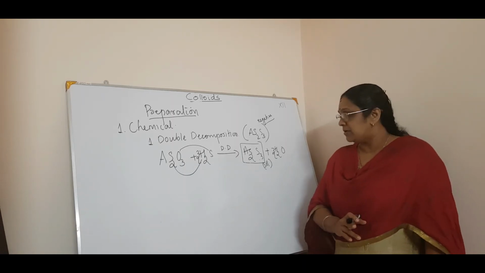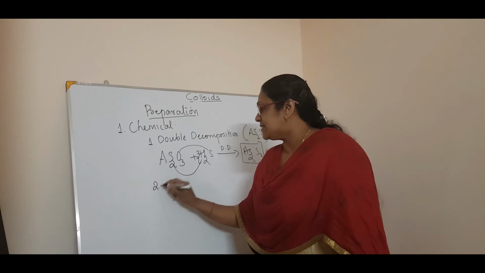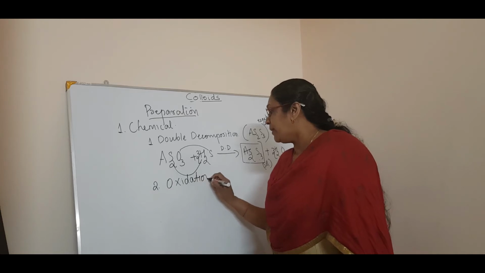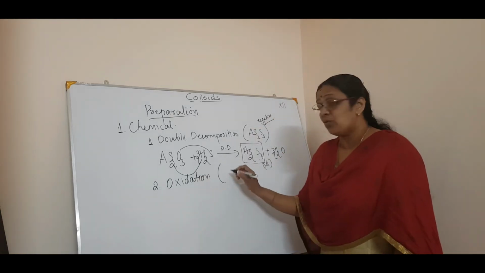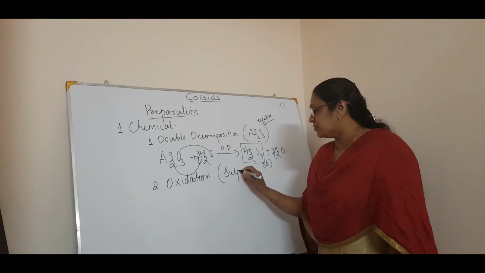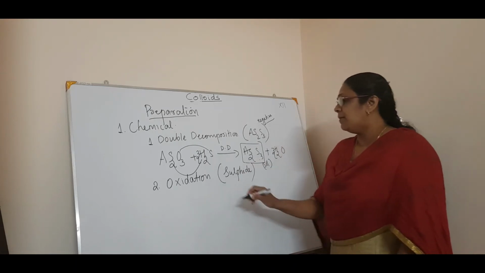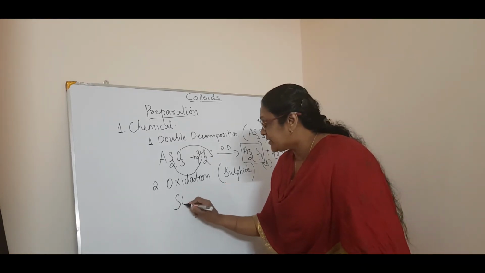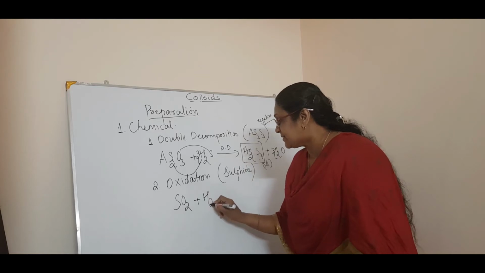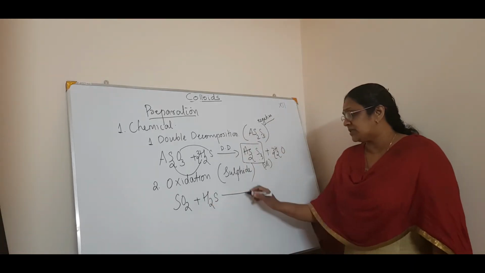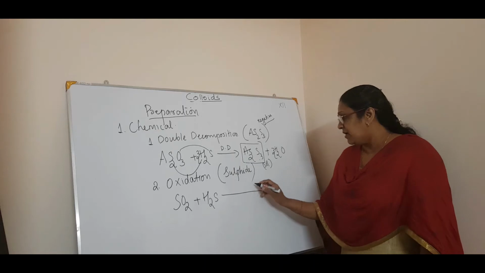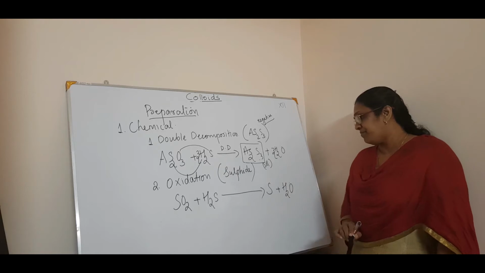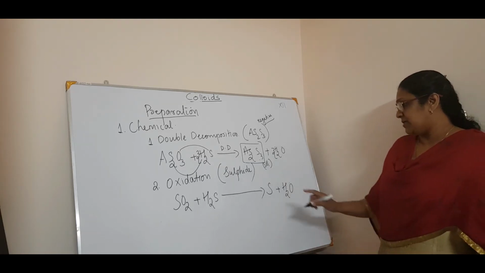Now, the second method is oxidation. Normally, oxidation is used to make sulfur sol. See, SO2 plus H2S, on oxidation, you will get the sulfur sol plus H2O. Just balance it.